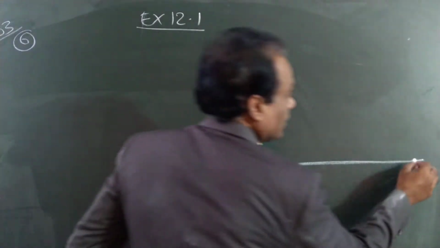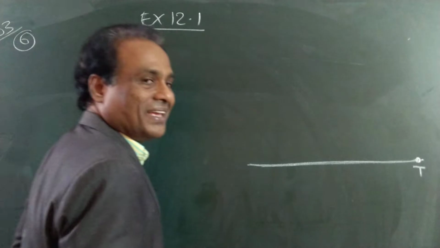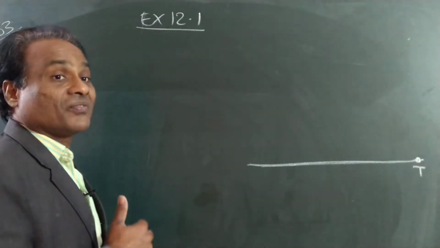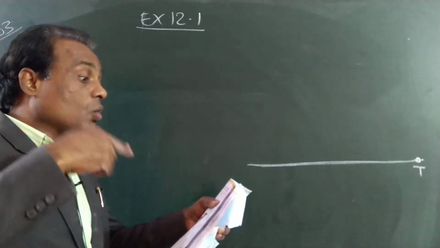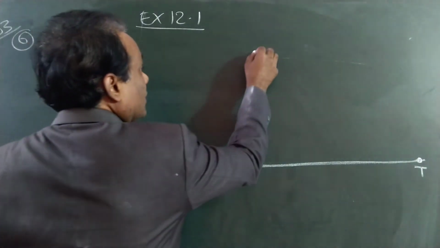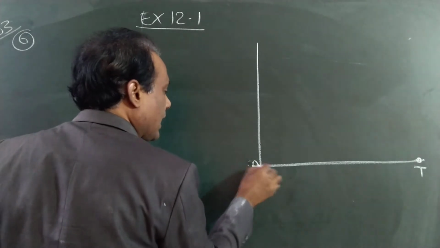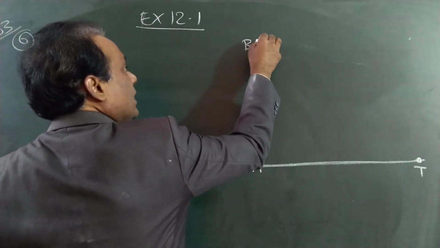This is the target, say for example T. We are shooting the target with an arrow, but where are we standing? We are not on the ground. We are shooting from the top of the building. Say AB is the building. We are at the top of the building. We are here.